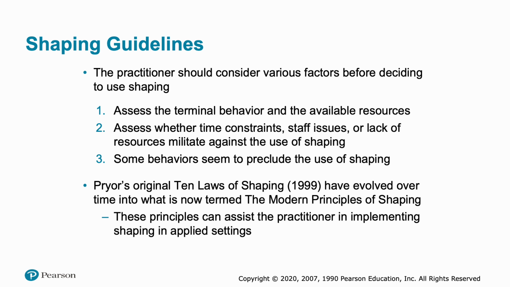Instead, I would need to focus first on getting them to engage in vocalizations, establishing that response as a consistent response in their repertoire through reinforcement, pairing those sounds with reinforcement. And then once they're consistently engaging in vocalizations, I can consider a shaping protocol for saying specific words or making specific speech sounds.